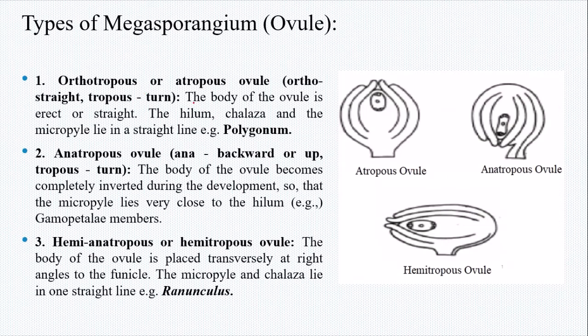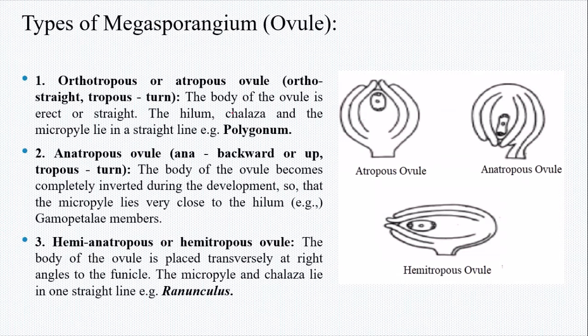So in an orthotropous, which is also called atropous ovule, if you will see, the body of the ovule is completely straight. Actually, the difference in the ovules is due to the arrangement of the micropyle and the chalaza, mostly with the funiculus. So if you will see here, the funiculus, micropyle here, and chalaza are all found in a straight line and make a 180 degree angle.